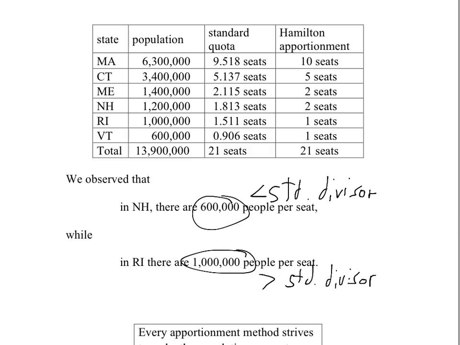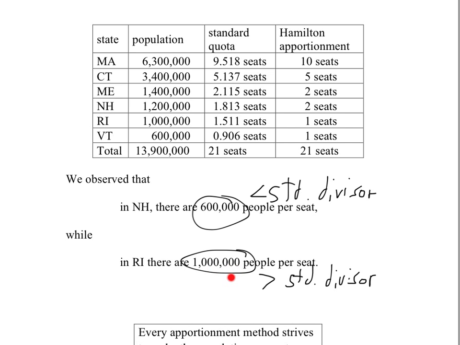In other words, the standard divisor gives us a basis for comparison. The states in Hamilton's method that are receiving a bonus seat, a surplus seat, are going to be less crowded within each congressional district, and they're going to have less than the standard divisor number of people living in each district. Whereas in a state like Rhode Island, which was rounded down, it received only its lower quota, the districts are going to be more crowded.